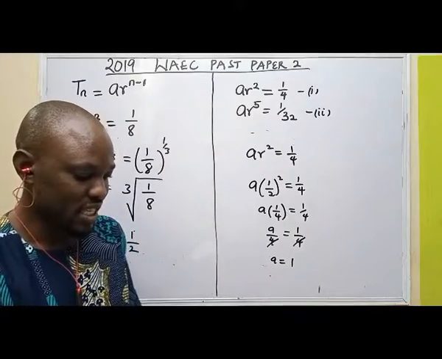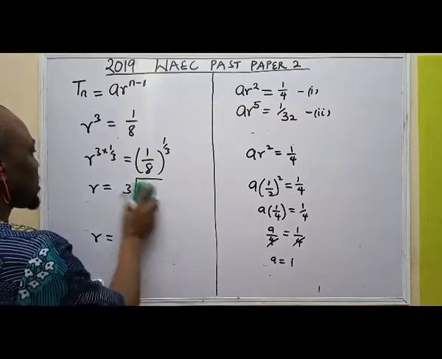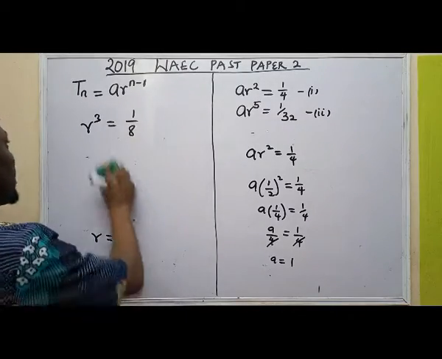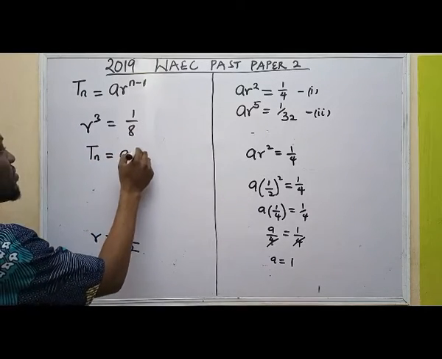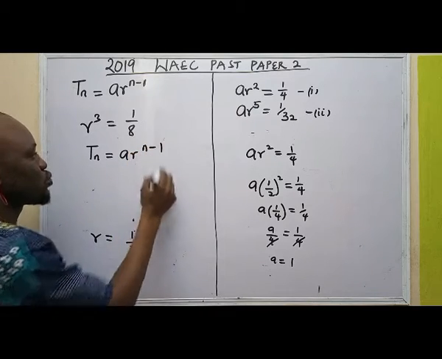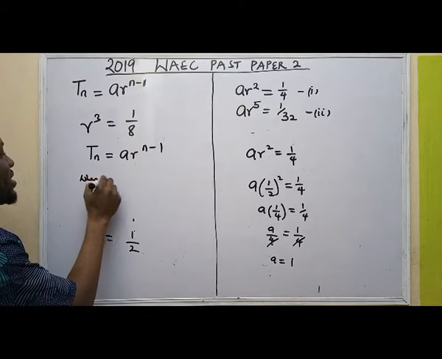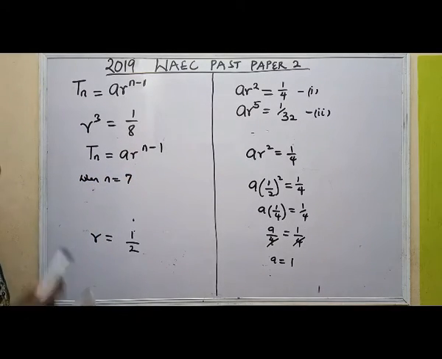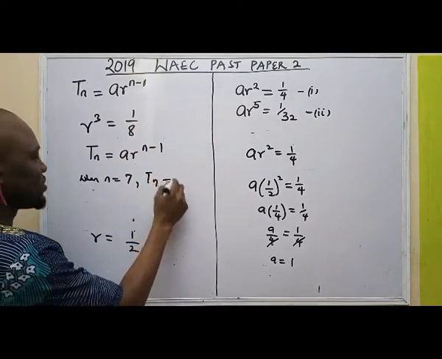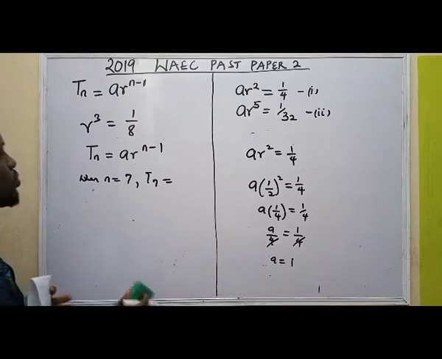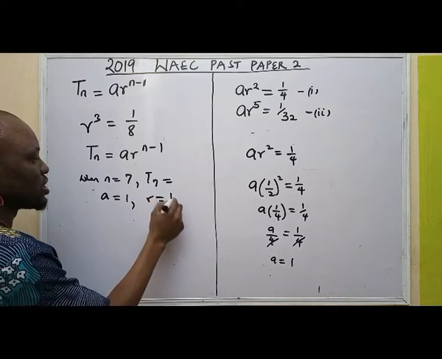The next thing, the question says find the seventh term of the sequence. In order to get the seventh term, I'll go back to my general formula, which is t sub n equals a times r raised to the power n minus 1. The seventh term means when n is 7, I want to get the corresponding value for t sub n, which is t sub 7. I already know a is 1 and my common ratio is 1/2.